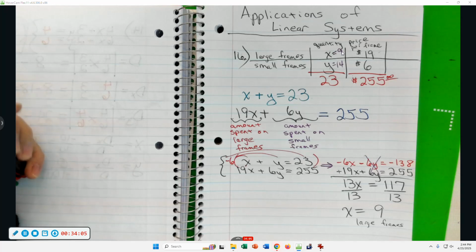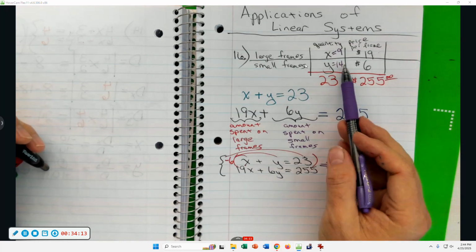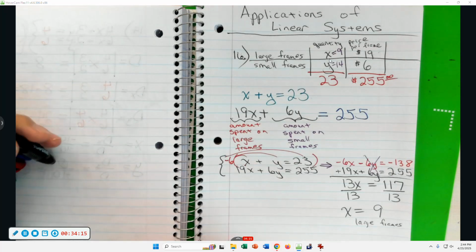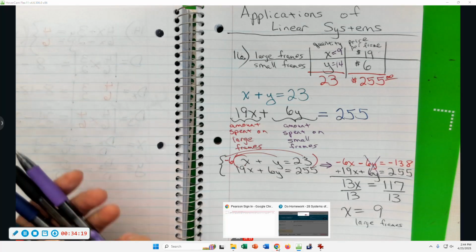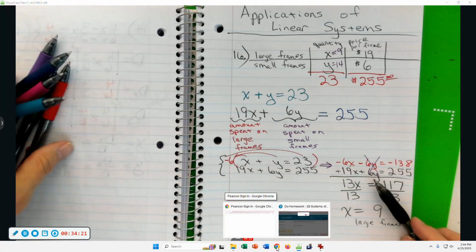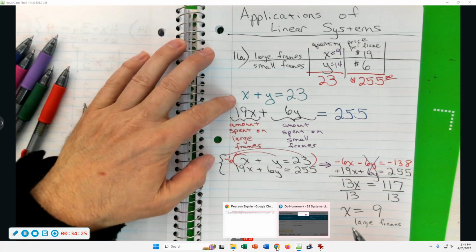So Zelda, I see that she specializes in small art pieces, so she bought more small frames than large frames. Any questions there? With elimination, remember we substitute back in, choose the one that's the easiest.